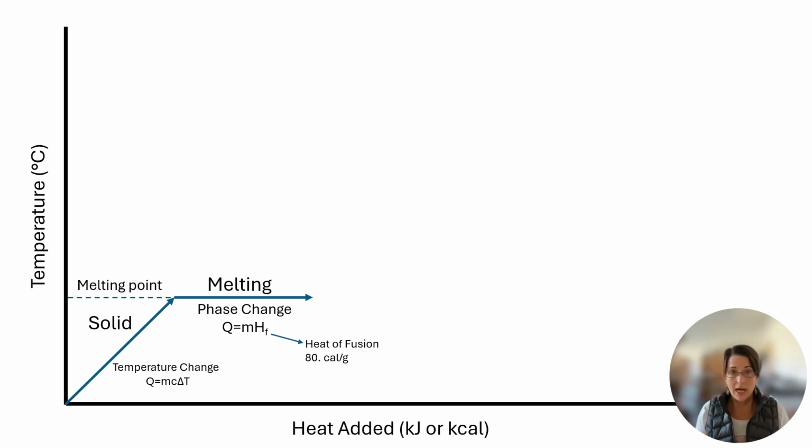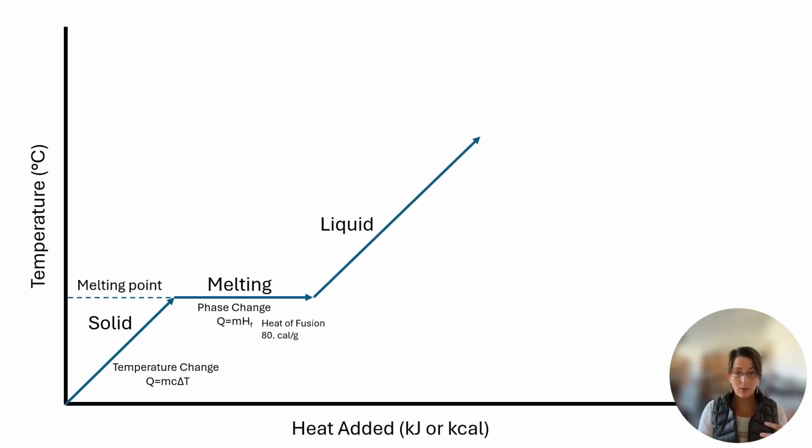The phase change takes more energy than a temperature change because temperature change is looking at mass, and yes, we have a specific heat, but it tends to be a very small number, and the change in temperature tends to be smaller. But in a phase change, it requires a lot more energy to get those molecules to start to separate. Once we have started to disrupt the number of hydrogen bonds between the water molecules, we have now converted to our liquid state.